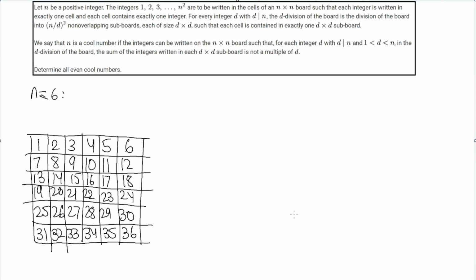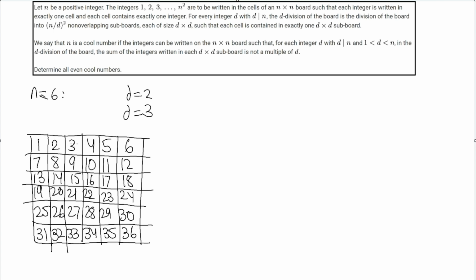Now let's take a look at n equals 6. I've already listed out the numbers in the 6 by 6 grid. So now we just need to check some values of d. We can look at d equals 2 and d equals 3. Those are the only ones that matter to us. Let's start with d equals 2. Then the sum of the numbers inside this subgrid here is even.